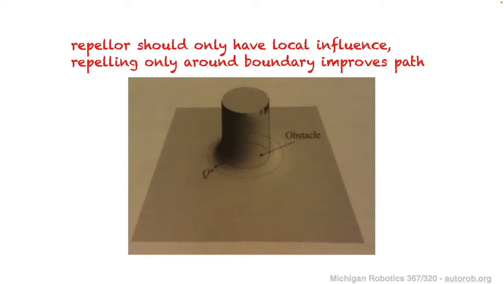We don't want them to end up discouraging the robot from exploring the space, or from using more of the space that's roughly around the obstacles but not so close that the robot would hit. And so for that reason, we could use something like a bowl repeller in order to limit the range of influence that the repeller has to just the space that's very close to the obstacle.